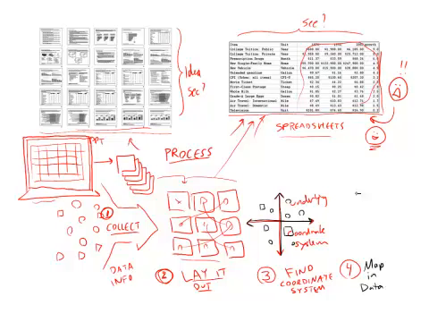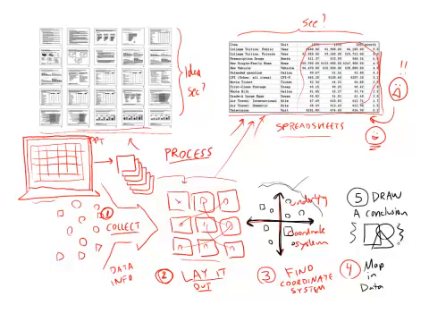Which brings us then to step number 5, which is draw a conclusion. Now that I'm able to look at all of my data in a single place where I can see it all, and it's mapped together under a coordinate system, I have the ability to draw a conclusion and say, this is what I saw.